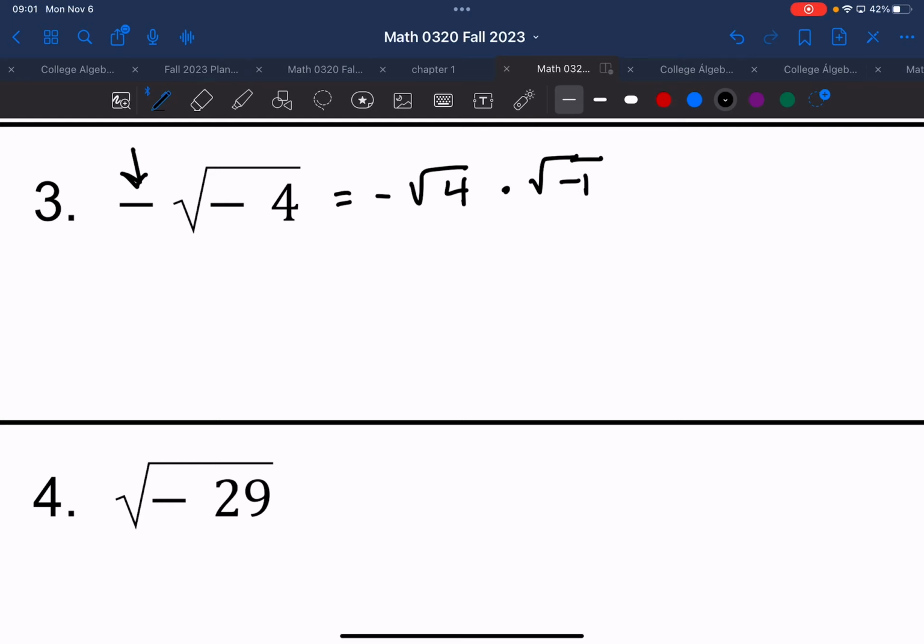We know that the square root of 4 is 2. I'm going to bring that negative with it, so -2. And what's the square root of -1? i. So the answer is -2i. Again, our answer has a negative in it because of the negative that was outside of the problem.